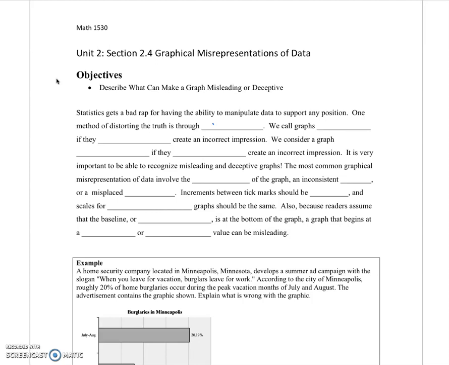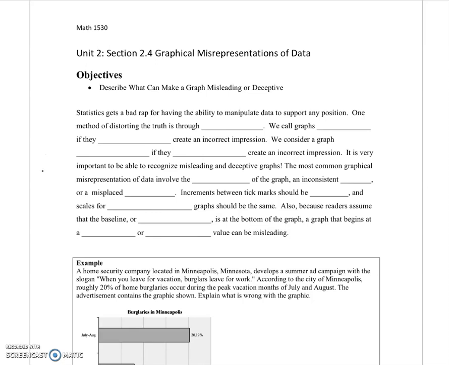Statistics gets a bad rap for having the ability to manipulate data to support any position. I don't know how many of you pay attention to politics or political issues, but I hear both Democrats and Republicans claiming that the other side's data or statistics or whatever is misleading or manipulated or things like that.